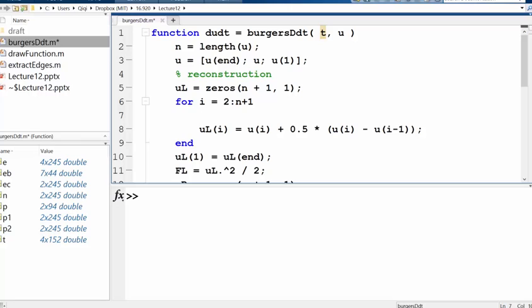So my R should be U of I plus 2 minus U of I plus 1, divided by U of I plus 1 minus U of I. Is that right? Right.